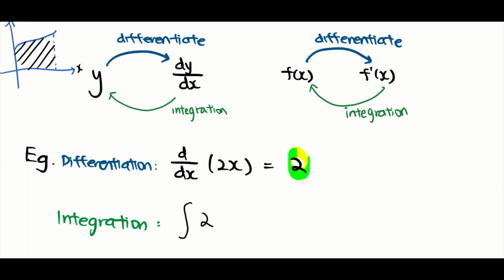I put the 2 here and integrate with respect to x. It will basically give me 2x. So differentiation and integration are opposite of each other. Of course, one thing to add is that when you have integration, there must always be a plus c.